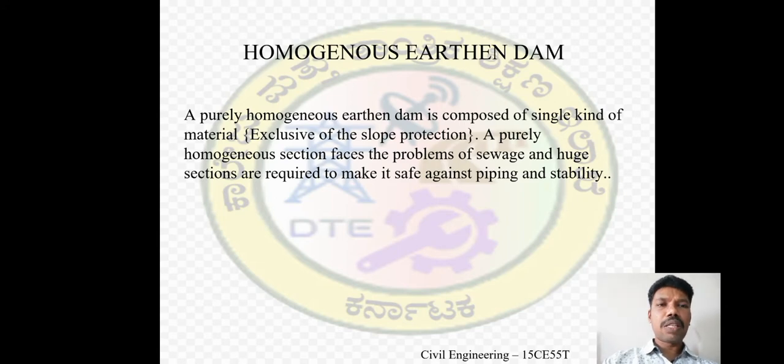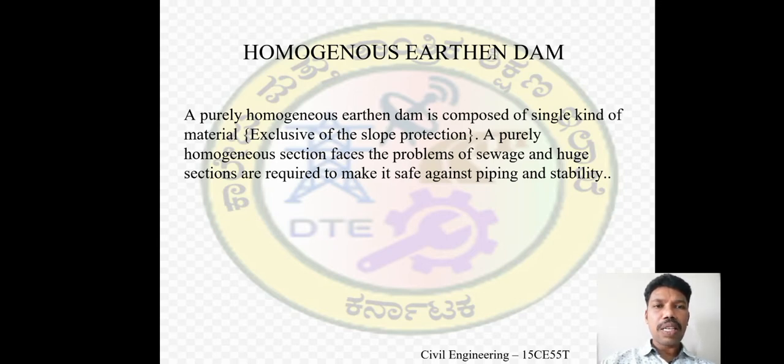Homogeneous earthen dam. Homogeneous means the dam is made up of the same kind of material, similar material or single material, exclusive of slope protection. The protection work may be provided with stone pitching, or some other granular material may be provided for the slope protection work, but the section of the dam is uniformly made with a single kind of material.